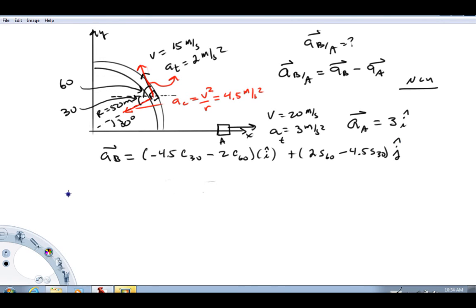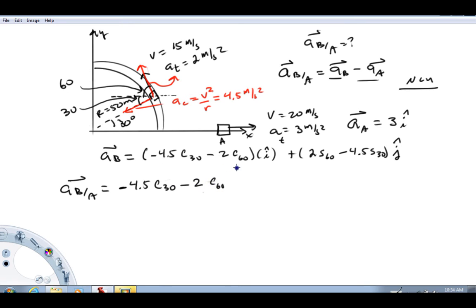All right, so the acceleration of B with respect to A is going to be, we need to take acceleration B minus acceleration A. And again, that's a vector equation, so that has to be done vectorially. So that's going to be this guy minus this guy. So I guess I'll go ahead and write that all out. So we're going to have minus 4.5 cosine 30 minus 2 cosine 60.